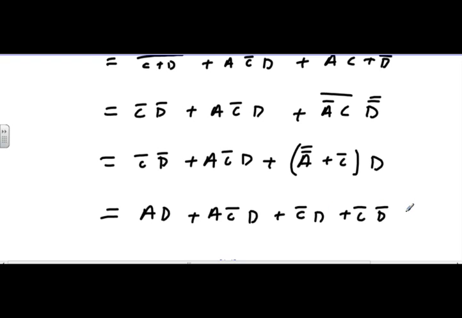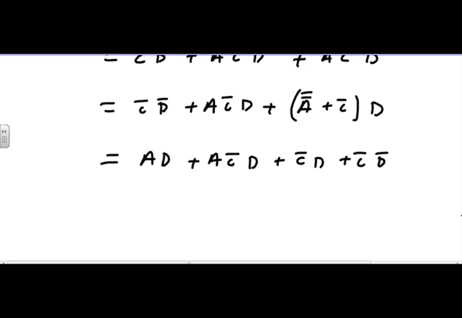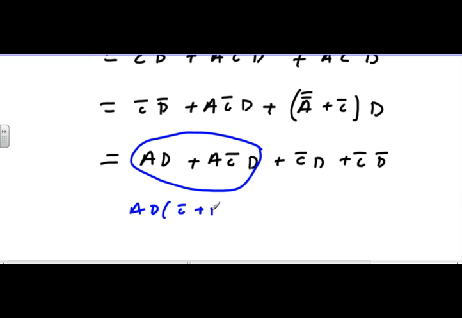Well, I like alphabetical order. Don't you like alphabetical order? Okay, so I can see, okay, so I look at these guys here, and I say I have A, D, C naught, or 1.